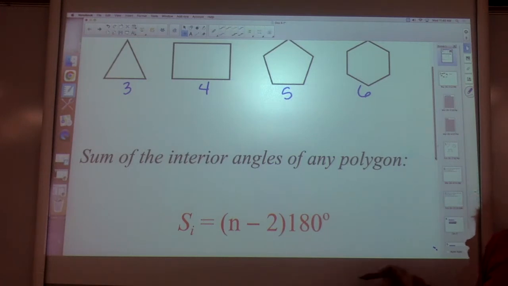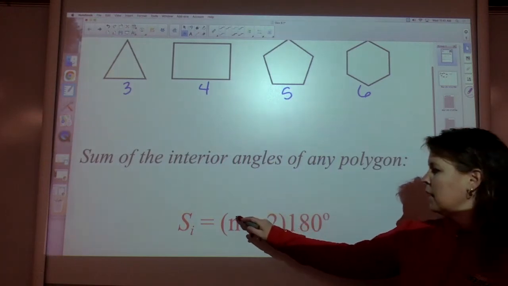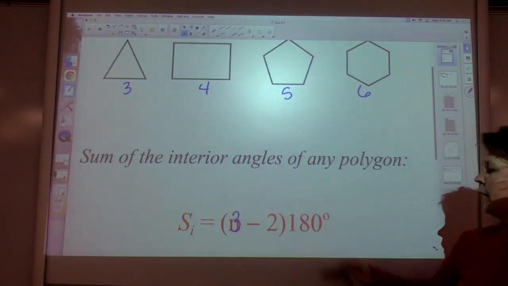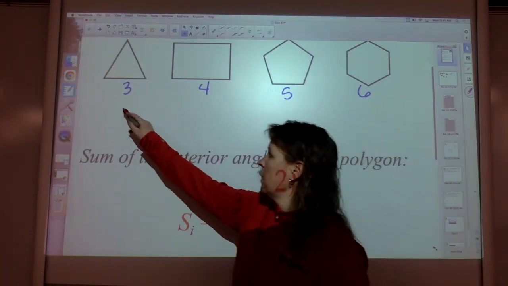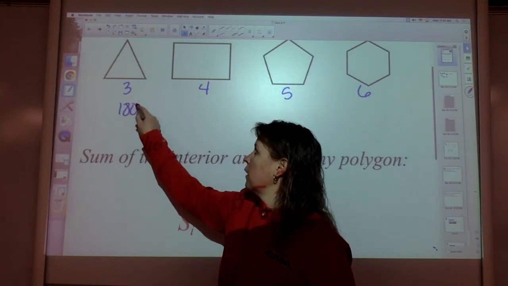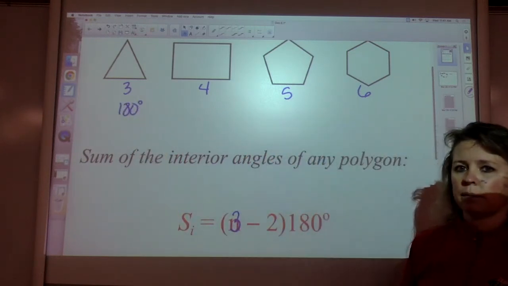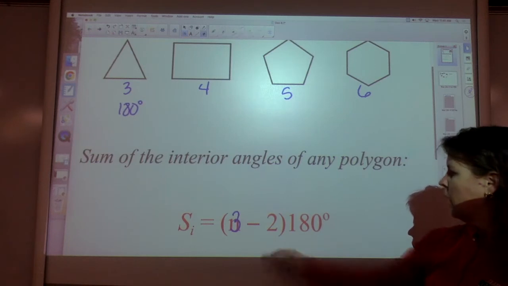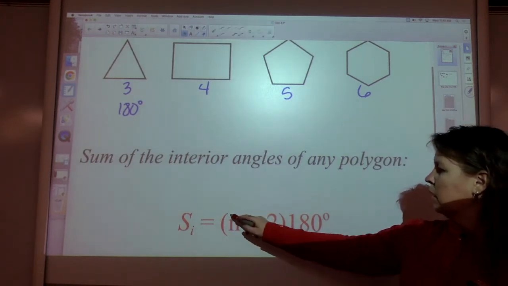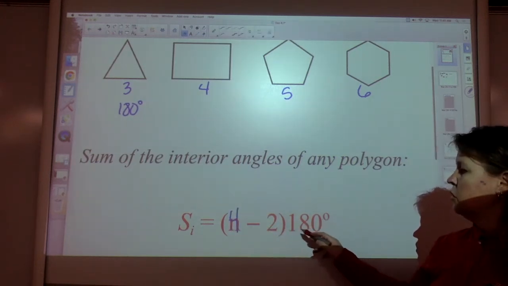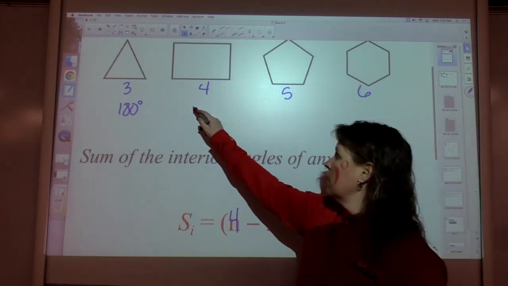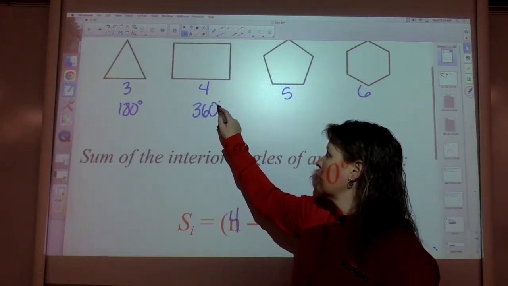So if I wanted to add up how many degrees there were in a triangle, I could take 3 minus 2 times 180. We already knew from prior knowledge that there are 180 degrees in a triangle. If I want to know how many degrees there are in a quadrilateral, 4 minus 2, 2 times 180 is 360 degrees.